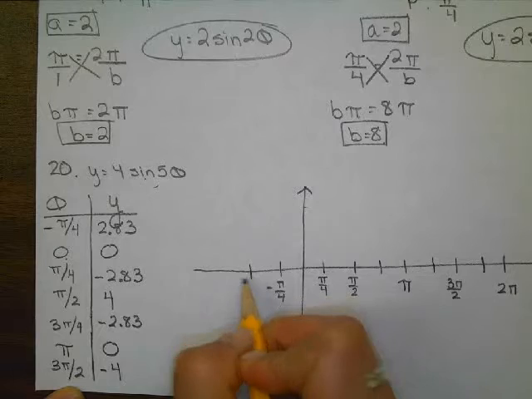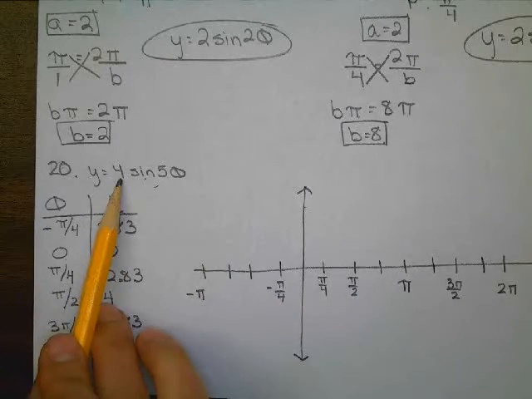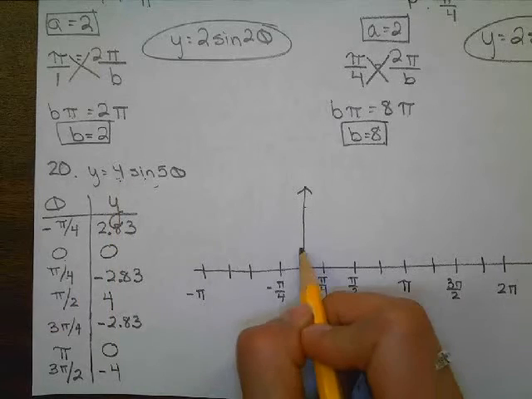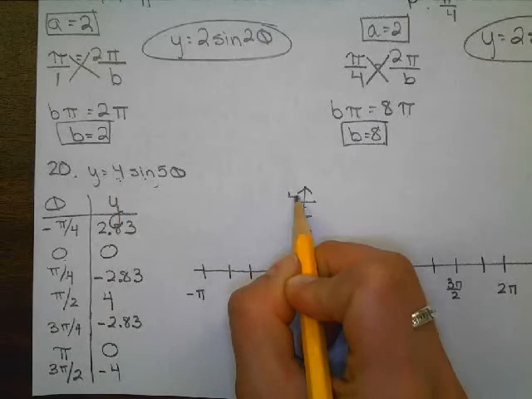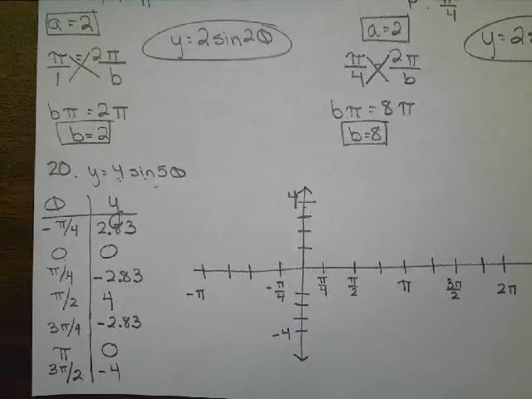Negative pi over 4, negative pi. Now I know my amplitude is 4 because of a here. So I go as high as 4 and go down to negative 4.